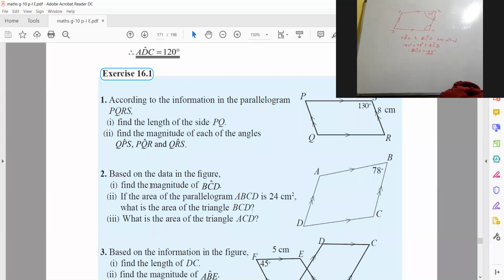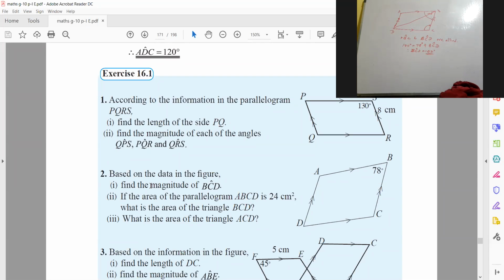Then the next part. If the area of the parallelogram is 24 square centimeters, what is the area of the triangle BCD? Right? I think I missed the area part when discussing the properties, but I discuss it here. Now, when we consider triangle BCD, if we join the points B and D, we can get the triangle BCD. And you can see BD is a diagonal of the parallelogram ABCD, right?